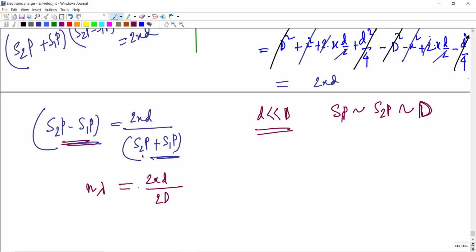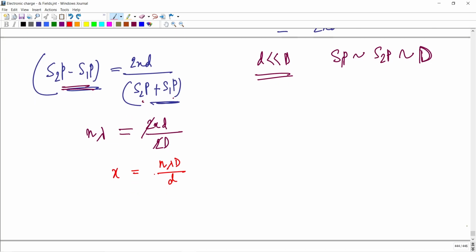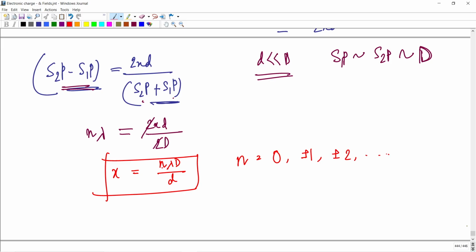The 2 cancels, and we get a very important term: x equals n lambda capital D by small d, where n equals 0, plus minus 1, plus minus 2 and so on. That creates constructive interference.